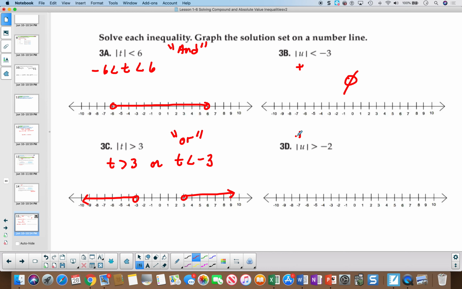Remember, this is a positive value. Positive values are always greater than negative values. So this is all of the answers. Every answer here will work. So if you put in a -8 right in here, the absolute value of -8 is +8. 8 is greater than -2. So that's all real numbers.